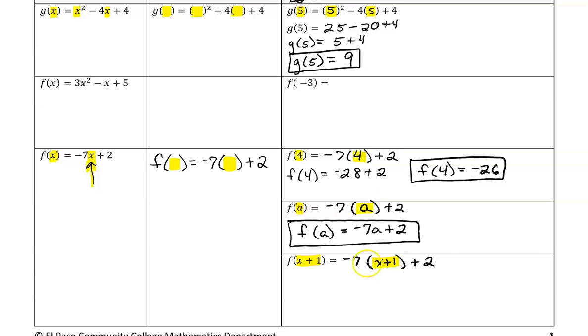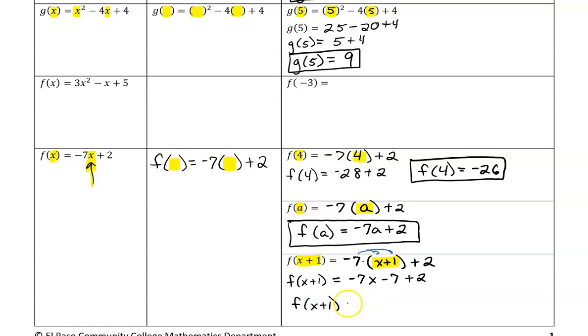Well, from this point, negative 7 parentheses x plus 1 plus 2, I can do a little bit of work. I can distribute that negative 7 through, right? Because now in this case, the parentheses does mean multiplication. And that'll give me negative 7x minus 7 plus that 2. Then I can combine my constant terms, the negative 7 plus 2.